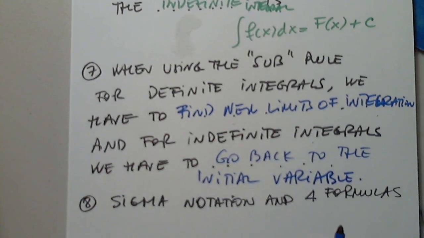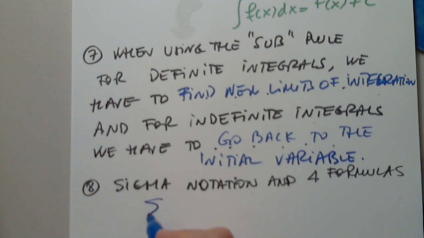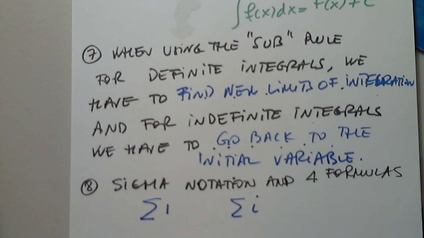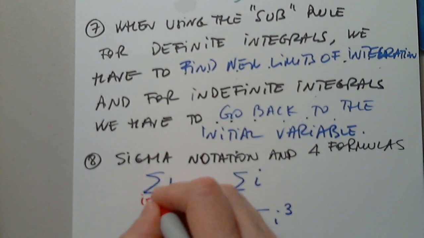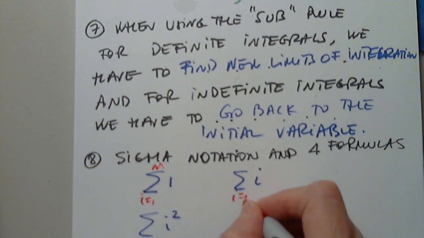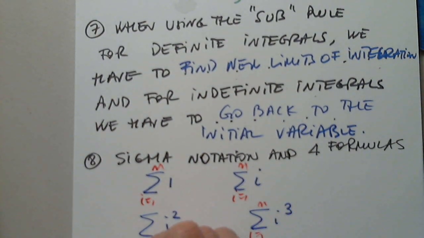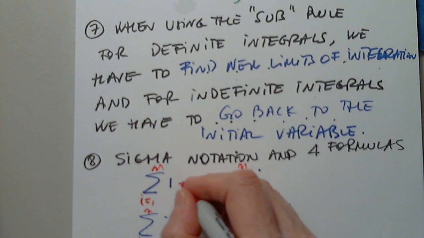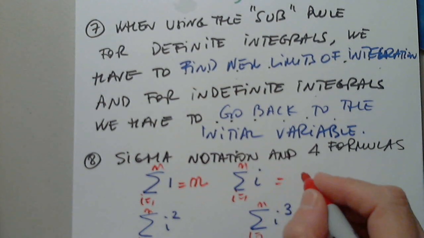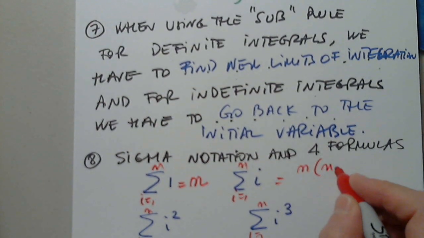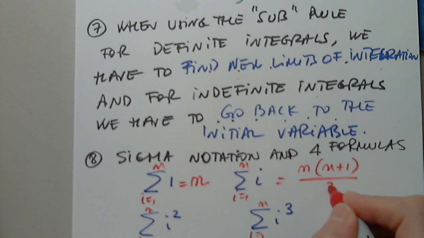Sigma notation and 4 formulas: the sum of 1, the sum of i, the sum of i squared, and the sum of i cubed. Of course, all of them are from i equals 1 to n. The first one is n. The second one is n times n plus 1 over 2.